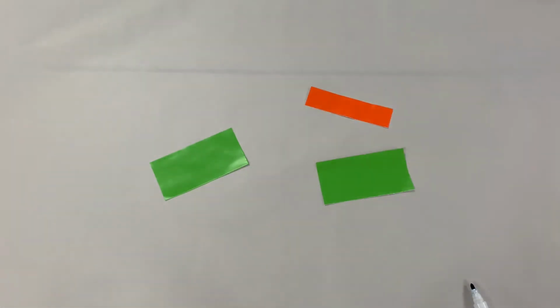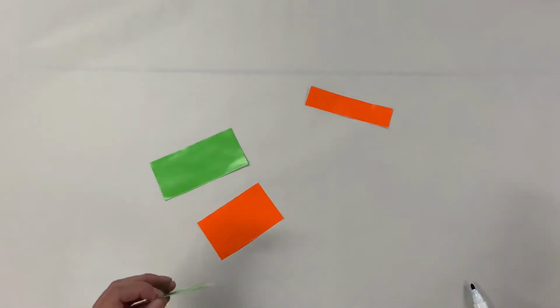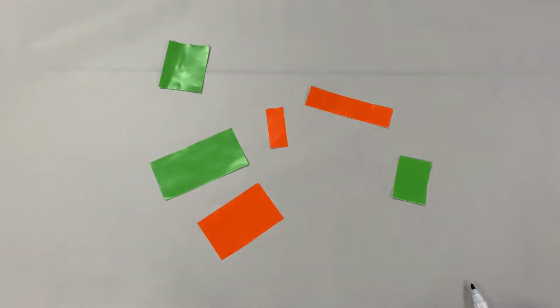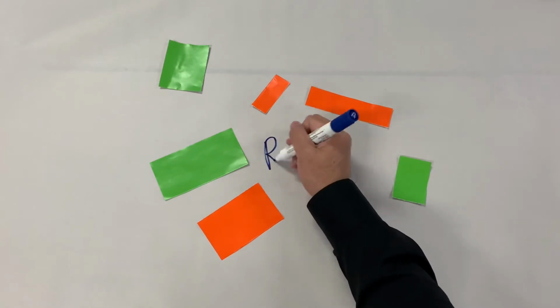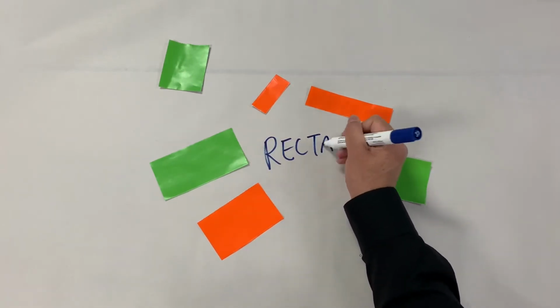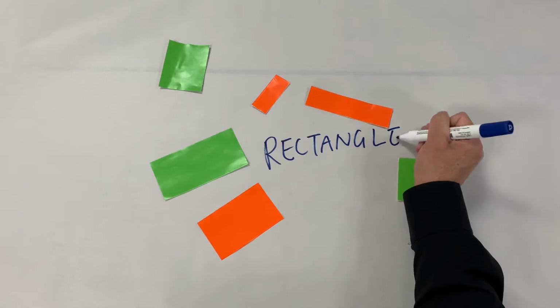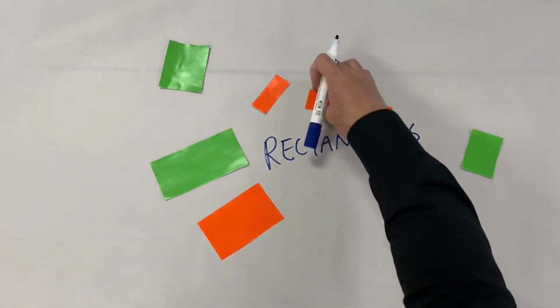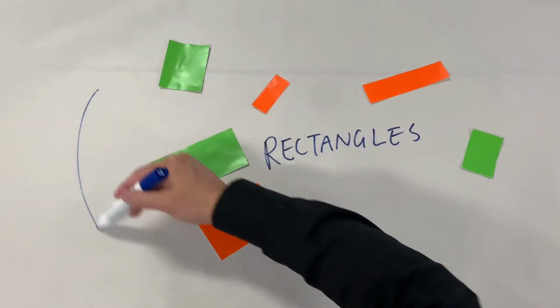All right. These are called rectangles. Right? These are all rectangles. This is rectangle family.